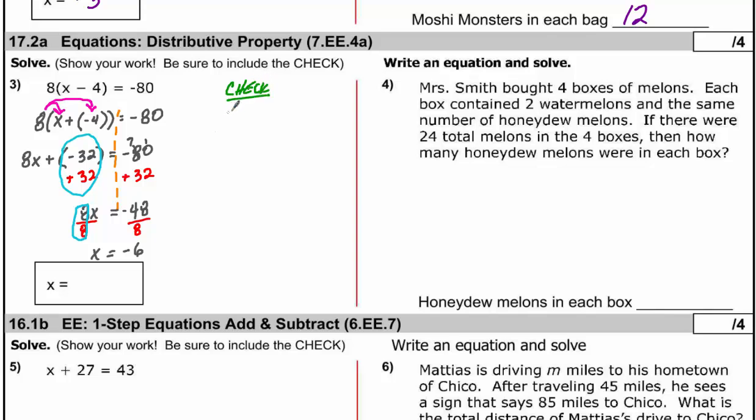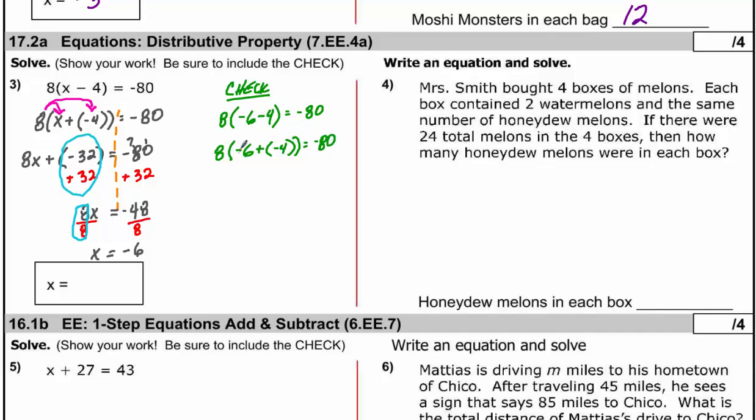When we check this, we have 8 times negative 6 minus 4 equals negative 80. I'm going to change this to 8 times negative 6 plus negative 4 equals negative 80.